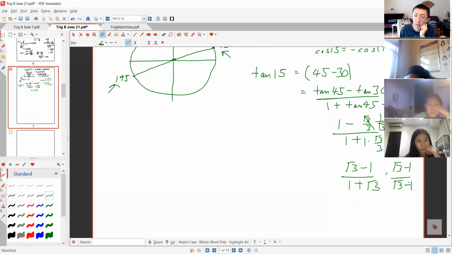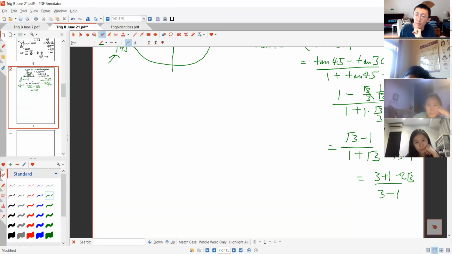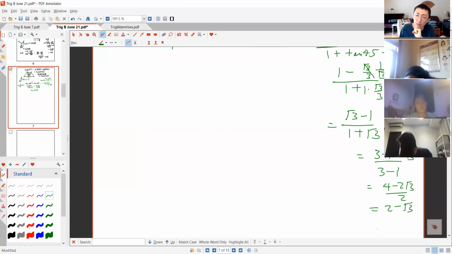So then 3 minus 1 is the bottom by difference of squares, and this you square, so 3 plus 1 minus 2 root 3. And then this is 4 minus 2 root 3 over 2, or 2 minus root 3. So it actually looks similar to tangent 75.